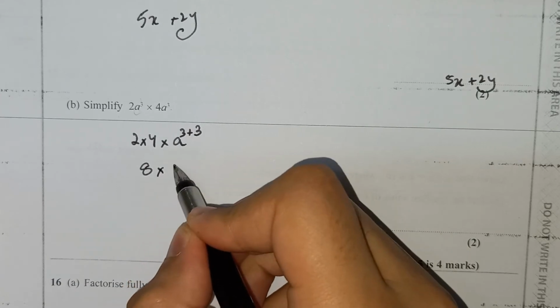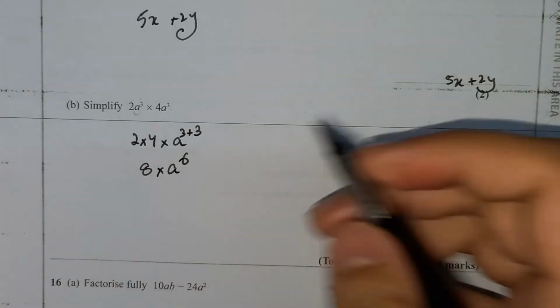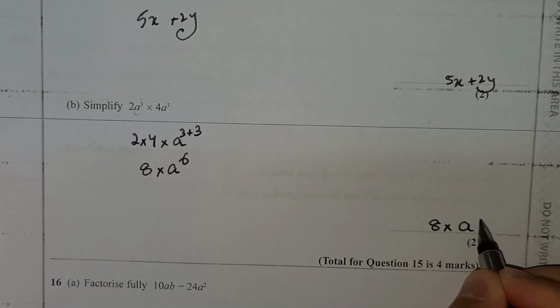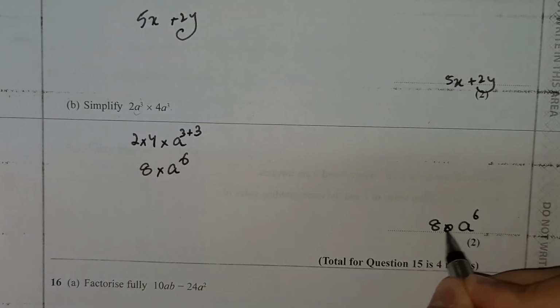So we simply get 8 multiplied by a raised to the power 6, or you can just write 8a raised to the power 6.